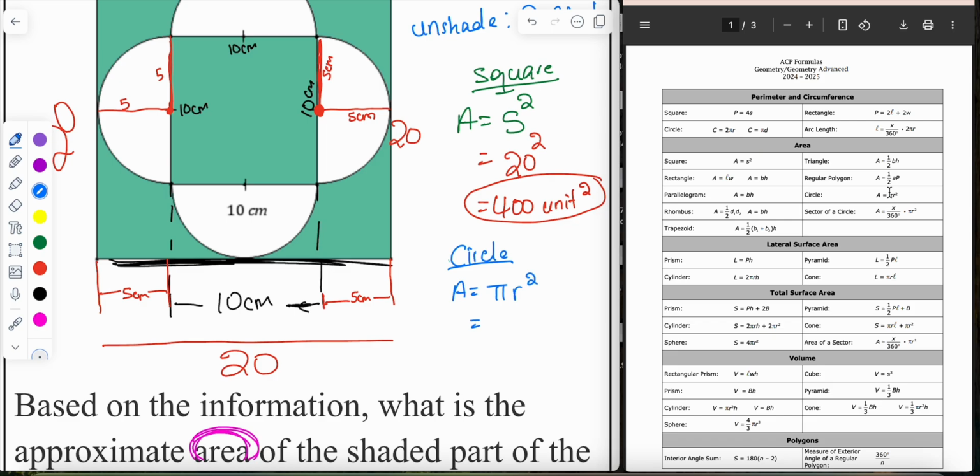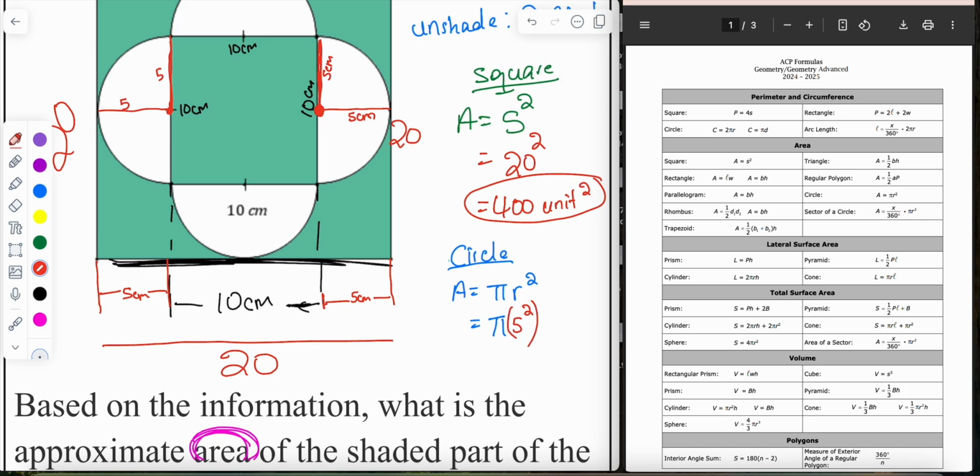So we're going to have pi. Now remember we said that the radius of the circle is going to be the 5, not the 10. The 10 is the whole thing, that's the diameter. The radius is going to be 5. So we're going to have 5 squared, and we're multiplying.